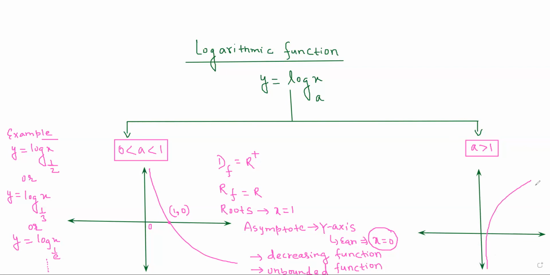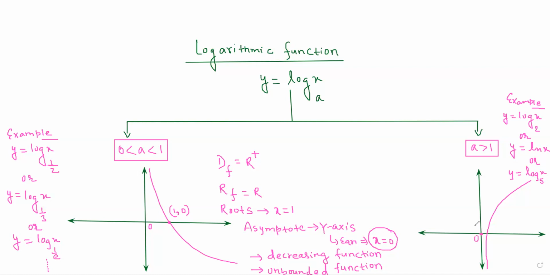As examples, you can say y is equal to log x base 2, y is equal to ln x, y is equal to log x base 5. All these graphs have the same nature. Got it or not?